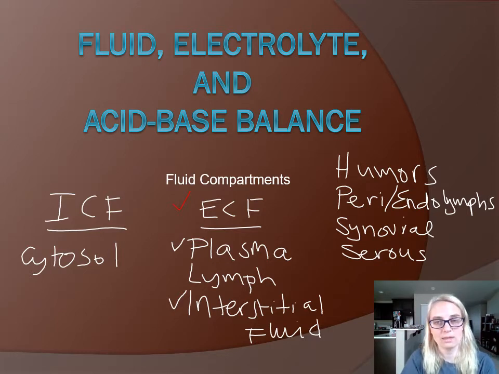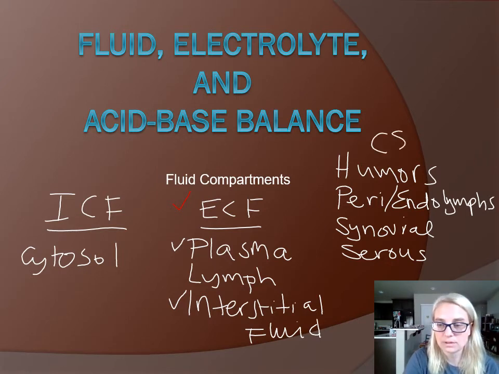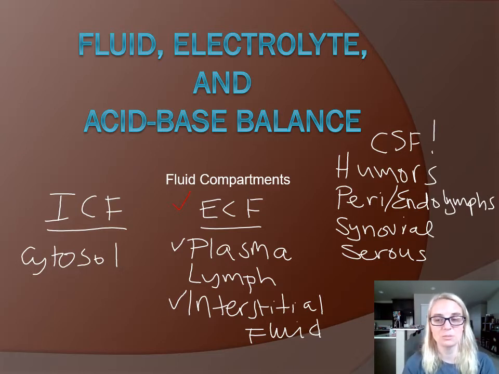There is no way that we can put receptors, chemoreceptors, baroreceptors, stretch receptors inside of a cell. So anytime we're monitoring homeostasis, we're monitoring blood plasma or lymph or interstitial fluid or the humors, or, oh, I forgot one. This one's really important: CSF. Can't forget CSF, because we have lots of chemoreceptors in our brain that are monitoring what's going on in the CSF.